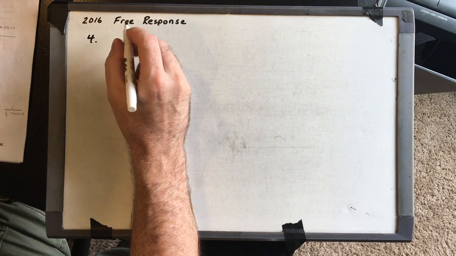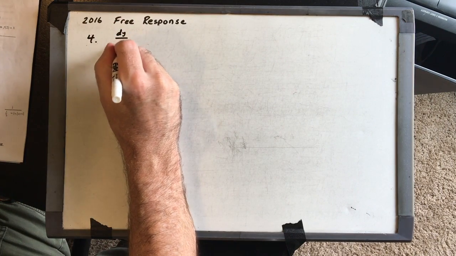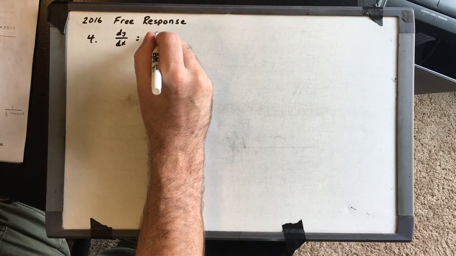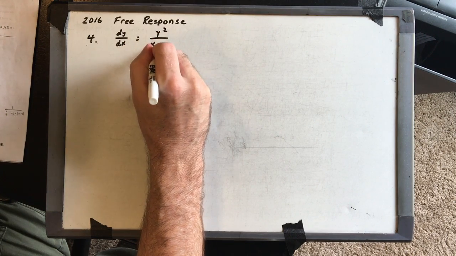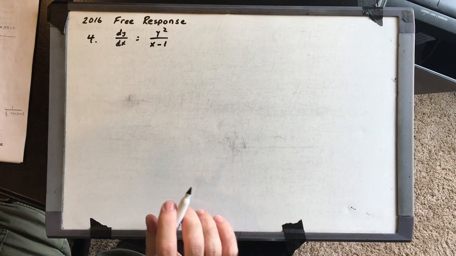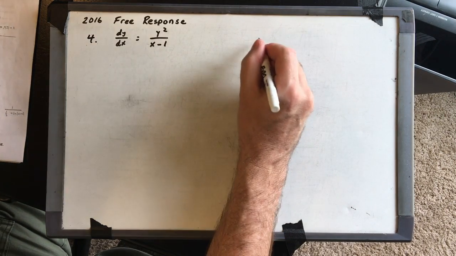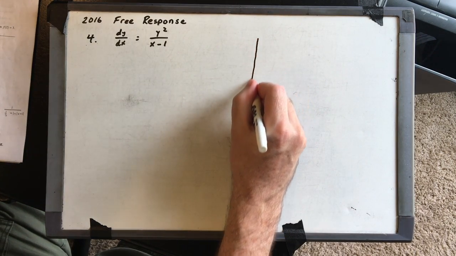Okay, number 4 says we have dy/dx is equal to y squared over x minus 1. And they've given us a slope field that we've got to draw.